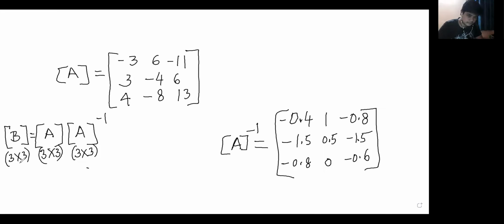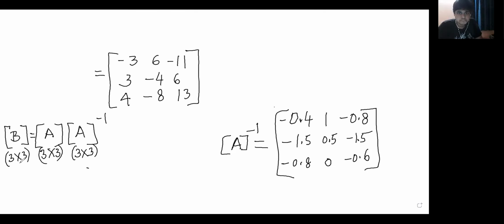That means you have to find out B11, B12, B13, B21, B22, B23, B31, B32, B33. You're able to follow?